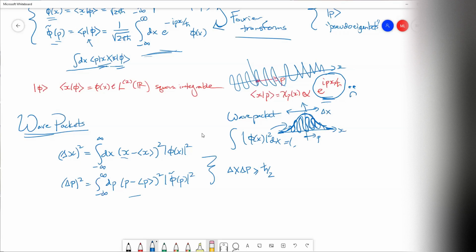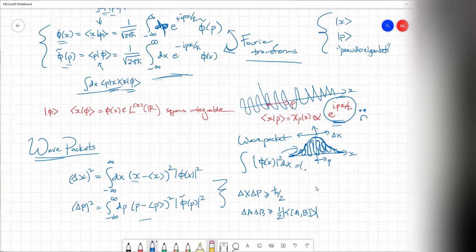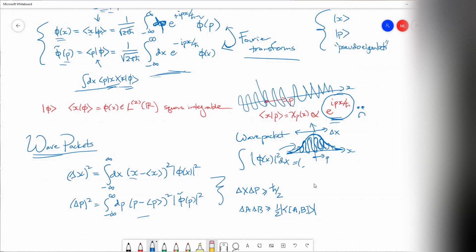We already derived this. Remember, delta A delta B is greater or equal to one half the magnitude of the expectation value of the commutator between A and B. And if A and B are x and p, then we just go back and remember that the commutator between x and p is i h bar.